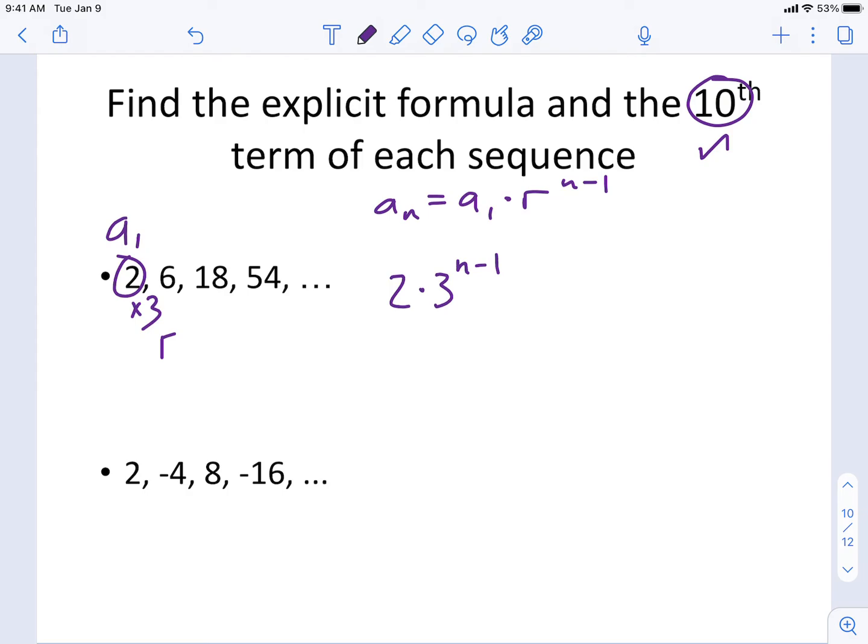That's our formula. And then to actually figure it out, I would plug in 2 times 3 to the 10 minus 1. And if I plug that in correctly, I should get 39,366.